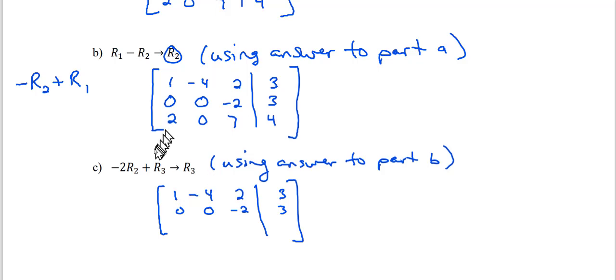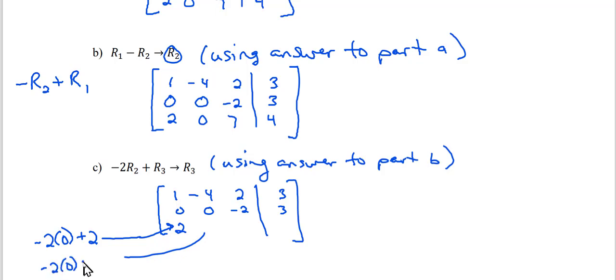We are going to multiply row 2 by -2. So in this spot right here, we're going to do -2 times 0 plus 2, that is going to be 2. The second one, that's this guy. For this spot, I'm going to do -2 times 0 plus 0, which gives me 0.